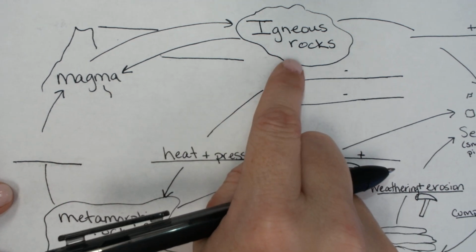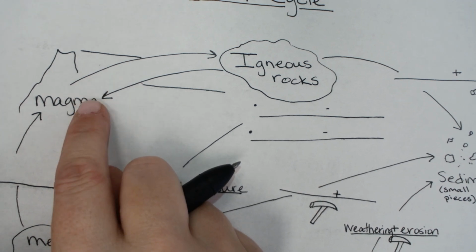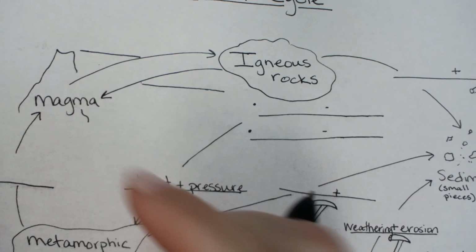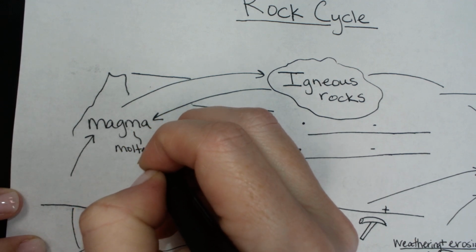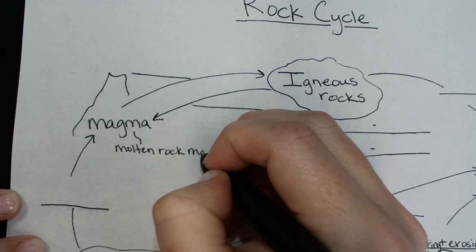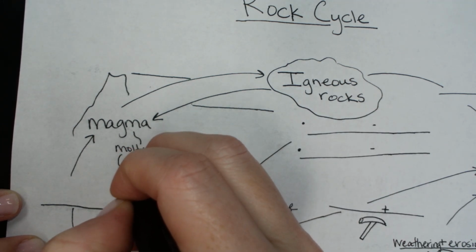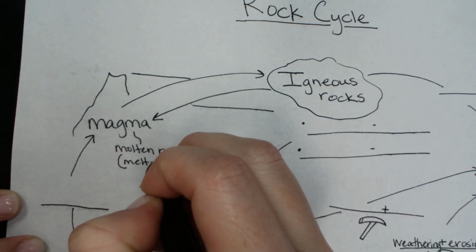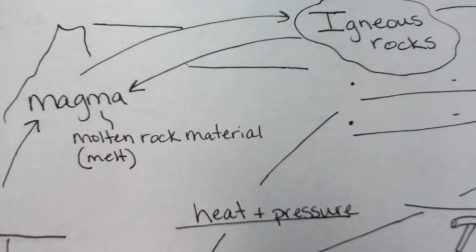One way you can make an igneous rock: all igneous rocks are made from molten rock. So let's start with magma. Magma is molten rock material. Another word for molten is melted. Basically, it's a melted rock.